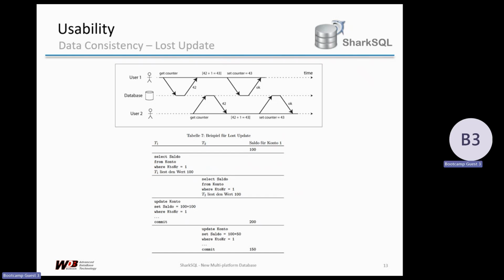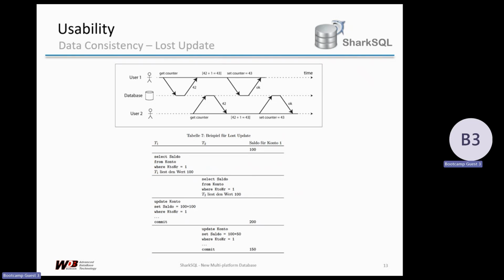So here you add 100, so the result would be 200, and the second one would add 50. So the overall result should be 250. But if you have the lost update phenomenon, you end up with 150. This is totally wrong. And this is one of the key reasons why you may get silent data corruption from the application perspective within an application.